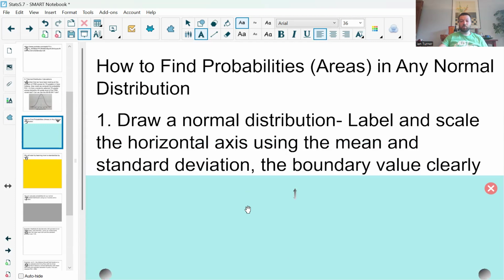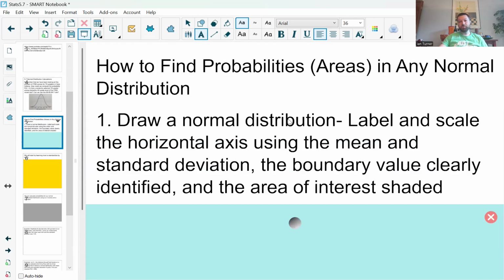One thing you always want to do, and we talked about this a couple of times ago, draw it, guys. You really want to draw it, label it, and scale it, just so you can clearly see what kind of area you're actually trying to find.